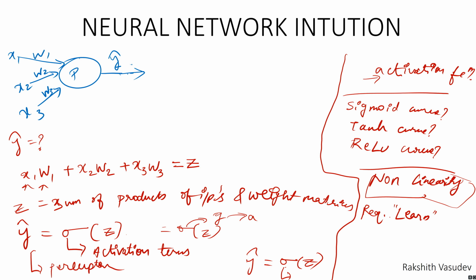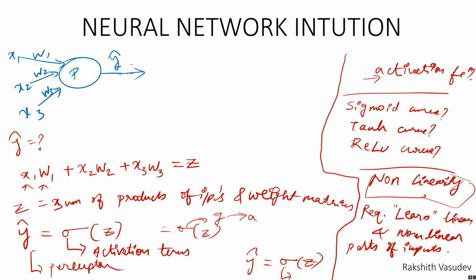Just go with the flow for what I'm going to say now, and then we will unwrap everything. Non-linearity is required to learn linear and non-linear parts of the inputs.